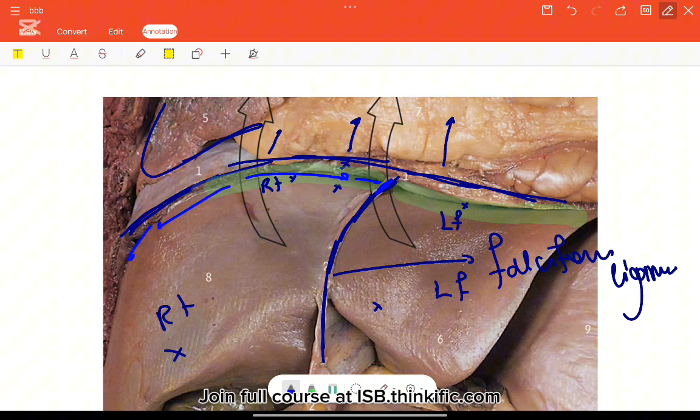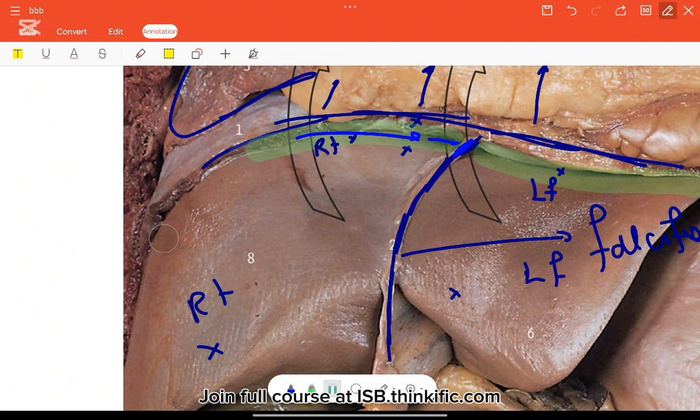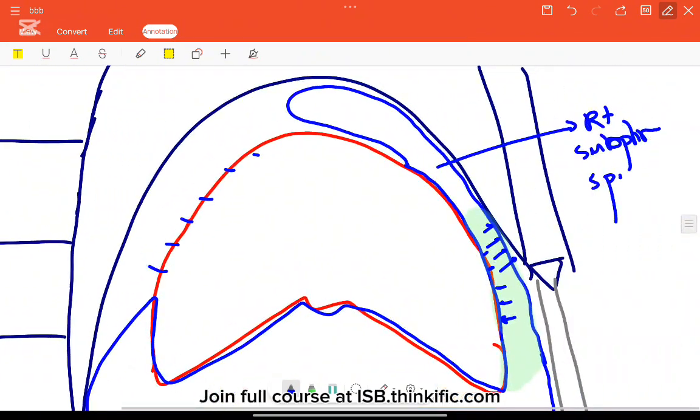And if you go laterally, it will be continuous with the peritoneum covering the lateral abdominal wall. So it is bordered on the lateral side by the parietal peritoneum, which is covering the right abdominal wall. And posteriorly, it just communicates with the posterior subphrenic space. It's continuous with it.